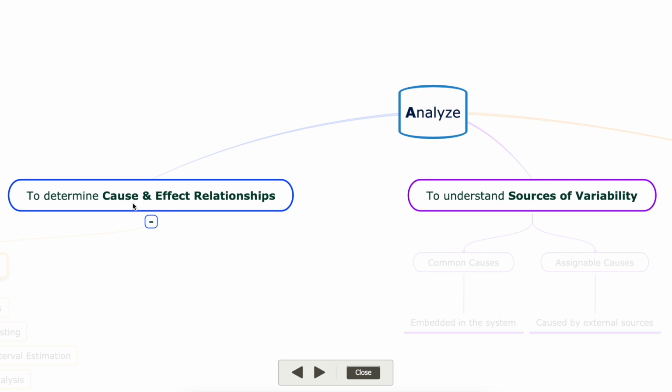By increasing the cause the effect increases, or by increasing the cause the effect decreases. These are the types of relationships that we can analyze in this process depending on the measurements that were made in the previous step, and then to understand the sources of variability. What are those sources which are causing variability in the process?